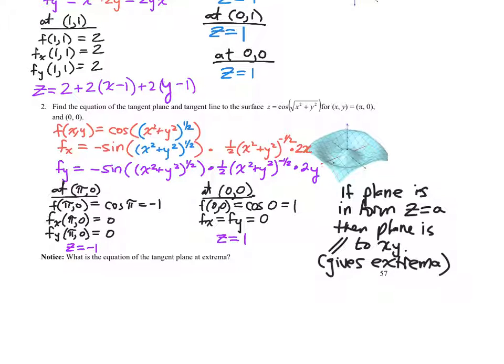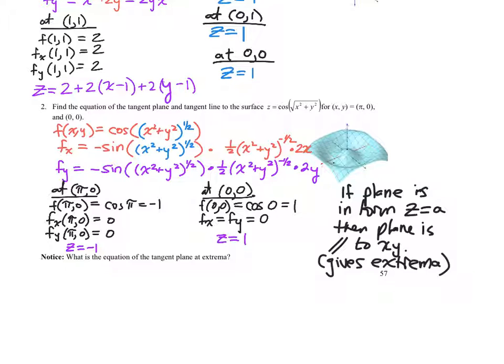Relative max, relative min. You might have learned them as local max, local min, but it's the same thing. Just because if you had turning points in 2 dimensions, there had to be something consistent with turning points in a 3-dimensional system. You can see the little hump there. There is a little peak to that mountain. What we just discovered was that that peak is happening on the plane z equals 1.